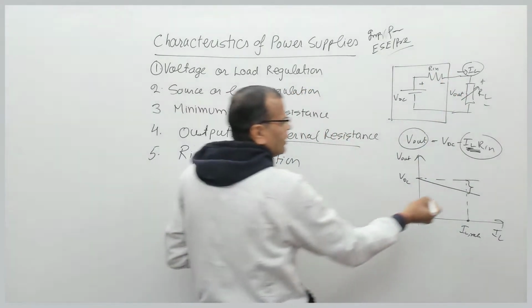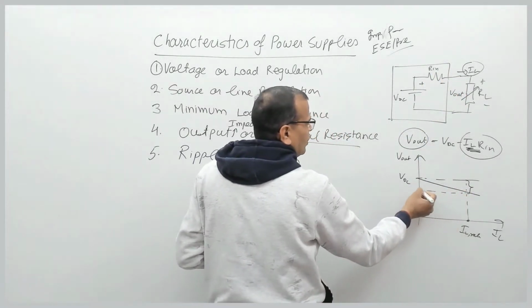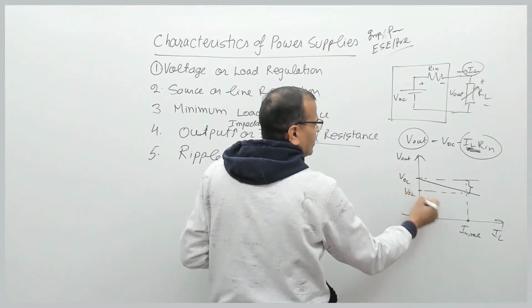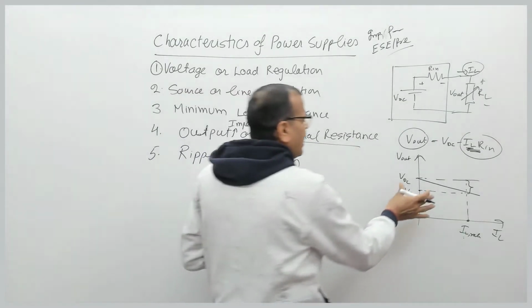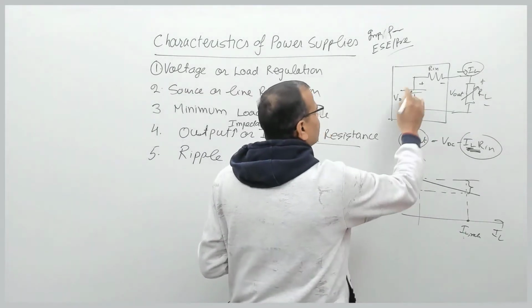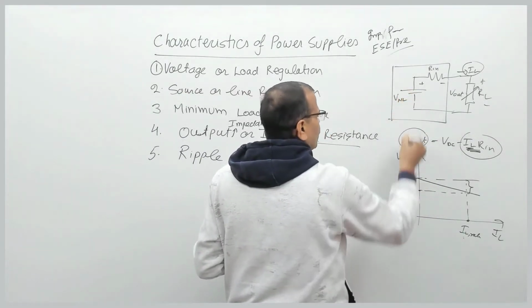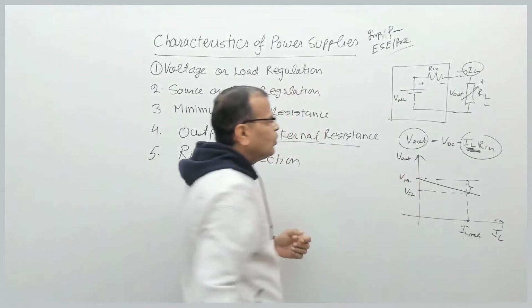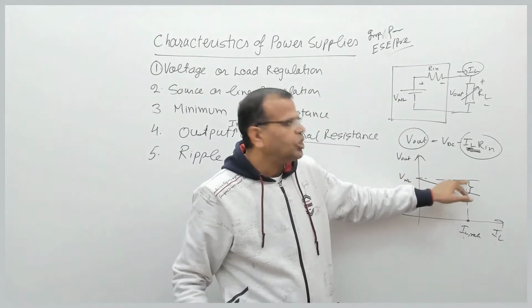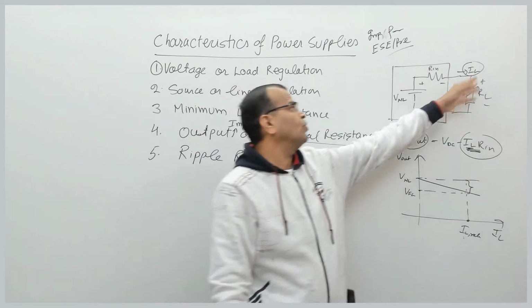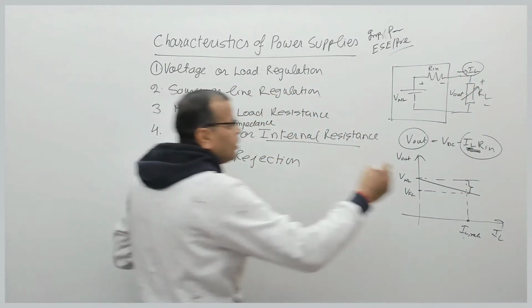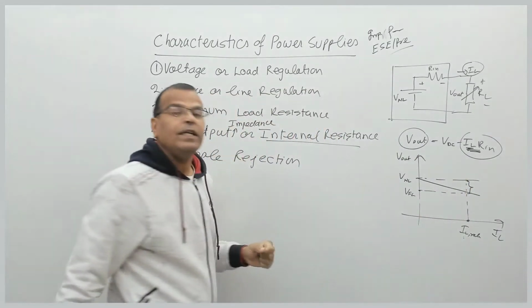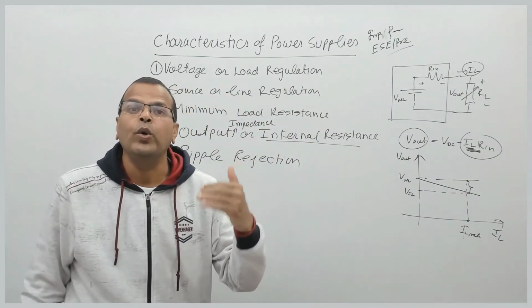So that voltage here is, suppose, V full load, this is full load current, the rated current, and say this is VDC, I will say this is no load voltage. So I have a reduction in voltage at the output terminals of the power supply. That percentage reduction is called load regulation.